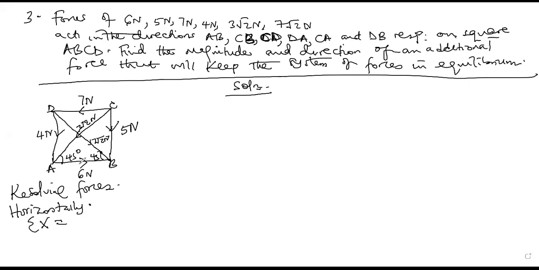The first one is 6 newton because it will be 6 cos 0. So that is 6. Then another horizontal force is this one, which is pointing this side horizontally. So that is minus 7.